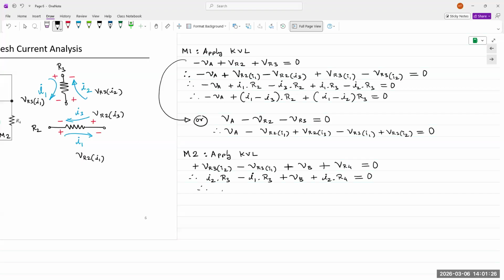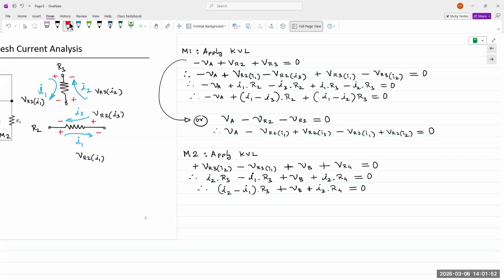Consolidate the terms and I get I2 minus I1 times R3 plus I2 times R4 is equal to 0. Okay. Those are the equations we obtain.